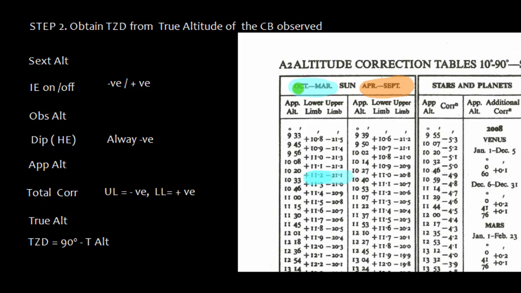One is October to March, another one is April to September. So you need to see which date you are observing. Accordingly, choose the column, and then you look up for the lower limb or upper limb. If this is lower limb, you got to add plus, and if it is upper limb, then you got to subtract. Then you obtain true altitude, and subtracting the true altitude from 90 degree, you get true zenith distance.